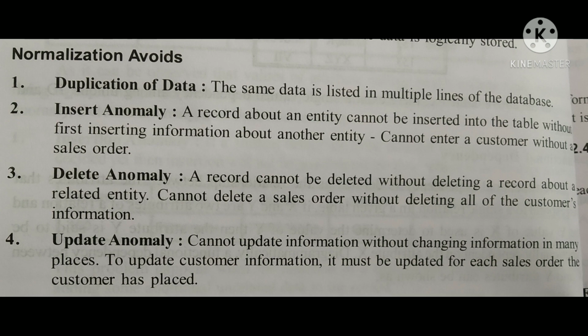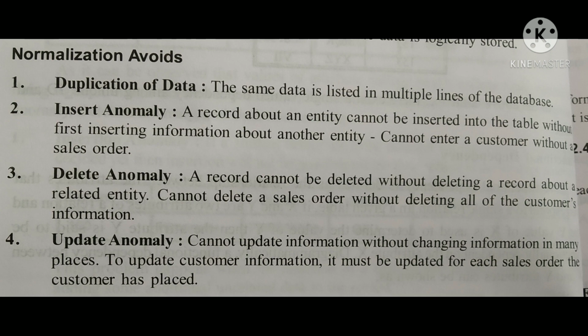An entity is in the first normal form if it contains no repeating groups.